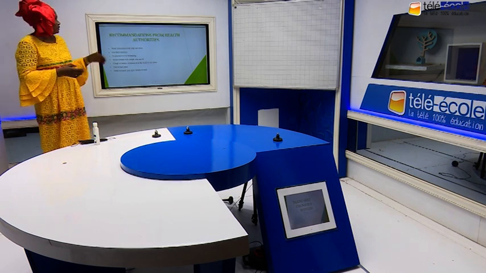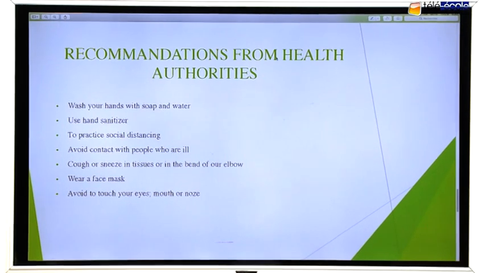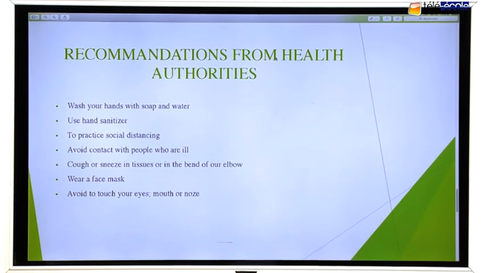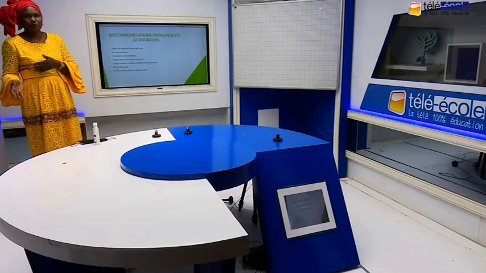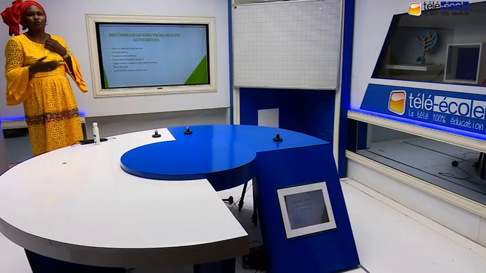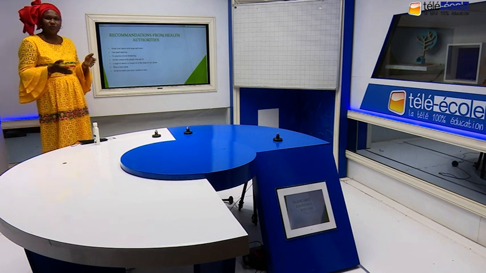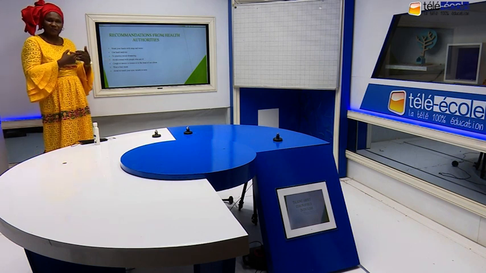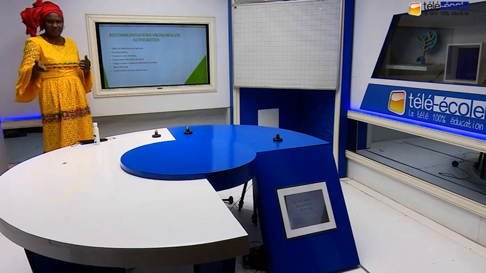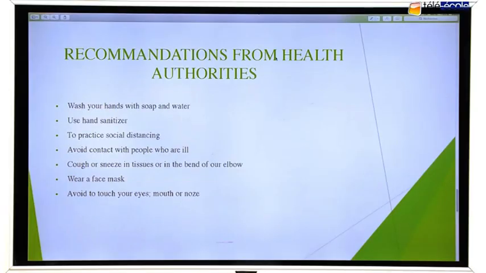But health authorities can give some recommendations. It means things you can do or things you can't do, or things you have to avoid to protect yourself and to protect other people. So let's go through the recommendations.